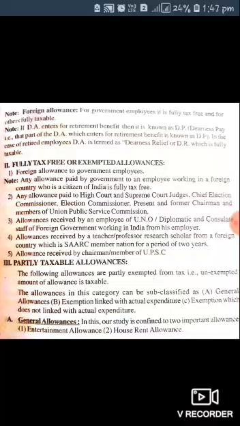Here three different categories are there: general allowances, exemption linked with actual expenditure, and exemption which is not linked with actual expenditure. Under general allowances there are two types: entertainment allowance and house rental allowance. These two are partly taxable.